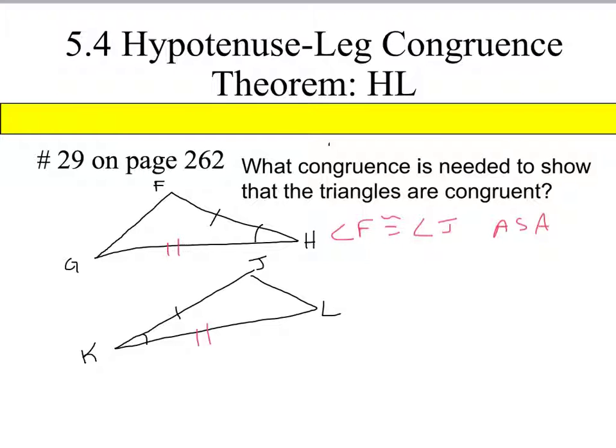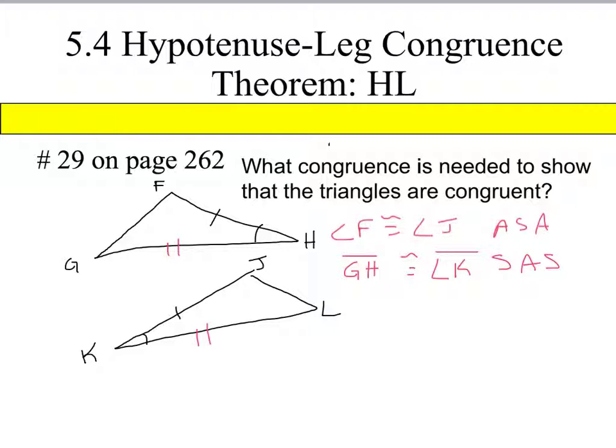Now instead of the included side, we now have the included angle. Which postulate is that, when I have the included angle with two sides? That's the exact opposite, which is side angle side.